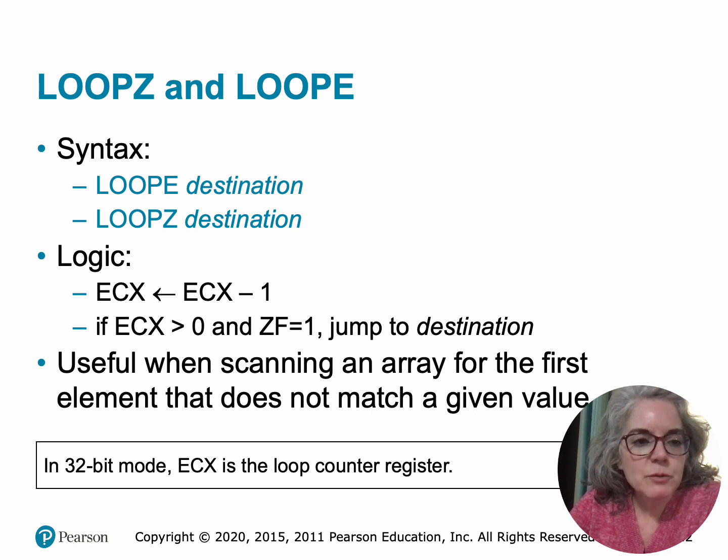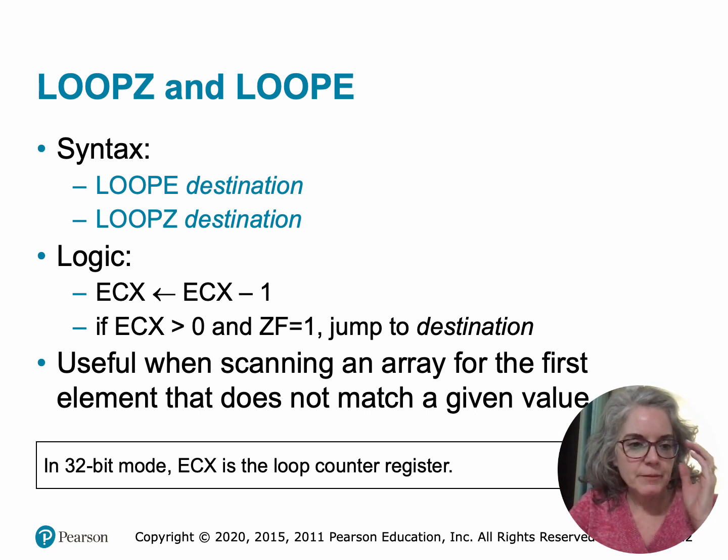Okay, so here's how the LOOPZ and LOOPE instructions work. When you have a loop, remember that the ECX counter is the one that keeps track of how many times you're iterating through the loop. So you have to set that ECX counter, and it has to be greater than 0. Every time we iterate, when we get to the bottom of the loop, ECX automatically gets decreased by 1.